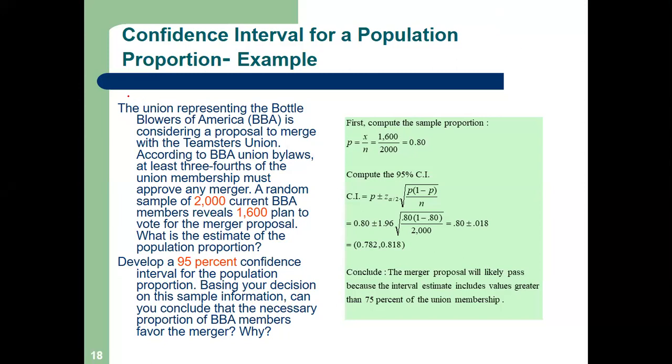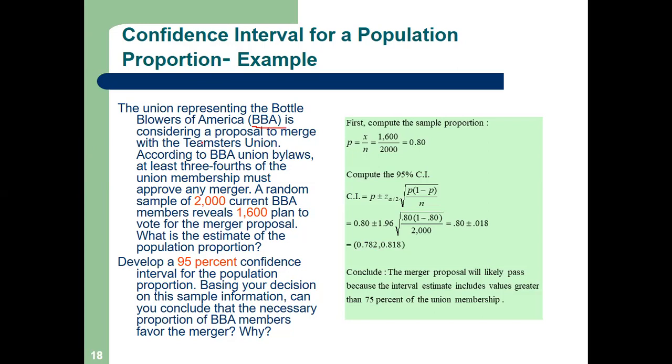Okay, so let me go through the problem. The union representing the BBA is considering a proposal to merge with the Teamster Union. So Teamster and BBA, there are two unions.